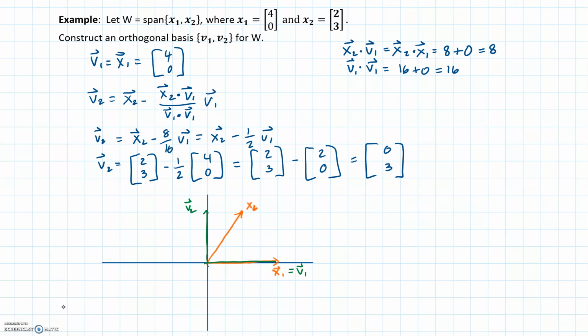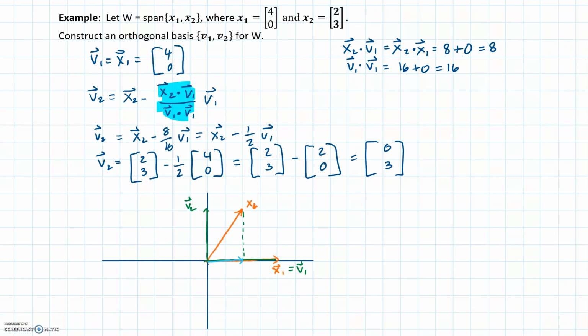Did a simple example. And if we project x2 onto v1, which is what we were doing here, we took x2 dotted with v1 over v1 dotted with itself. That's the projection of x2 onto v1, which I'll do in a different color, maybe blue, right there. That would be x2 hat, we can call it.